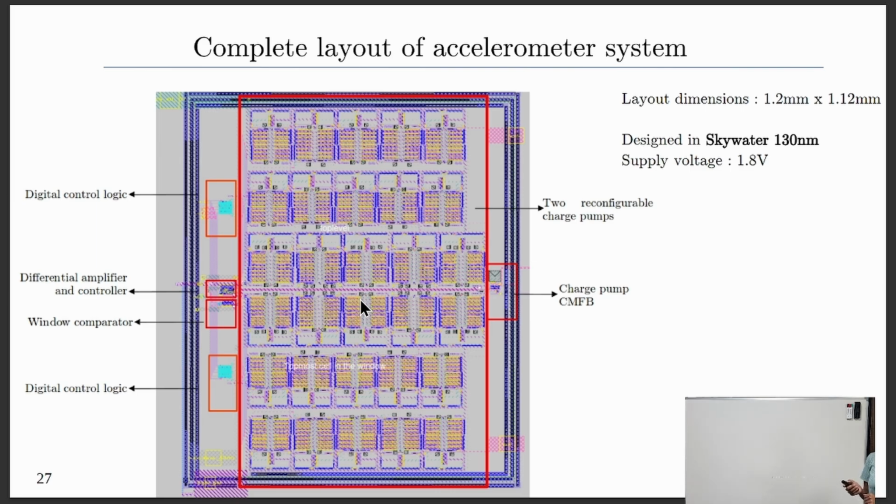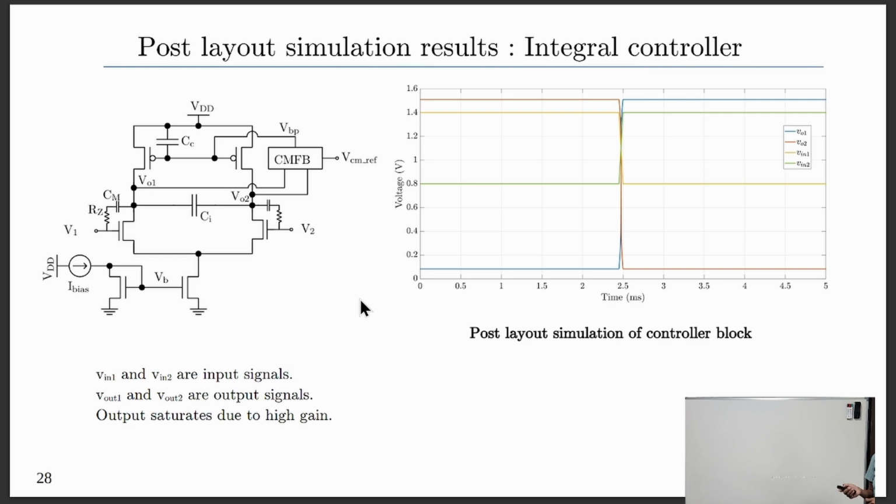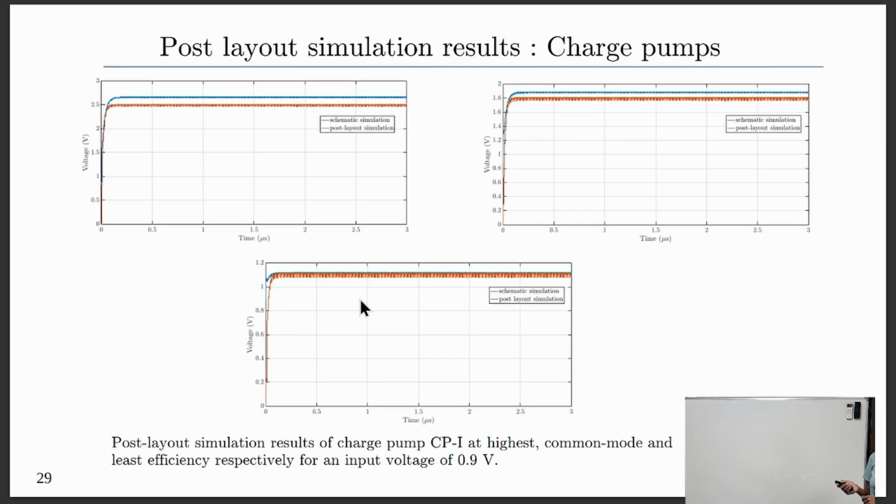The design was done and simulated in Skywater 180 nanometer at a supply voltage of 1.8 volts. In this section, I'll be presenting post-layout simulation results of different blocks. These are the post-layout simulation results of the integral controller, and these are the schematic and post-layout simulation of the charge pump CP1 at 3 different efficiency settings, for an input voltage of 0.9 volts.